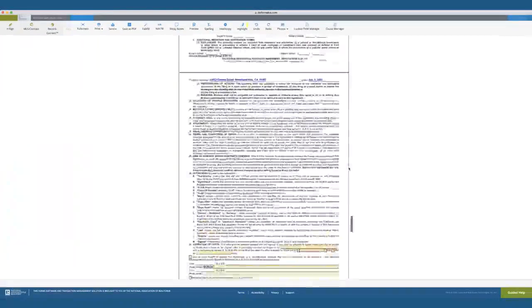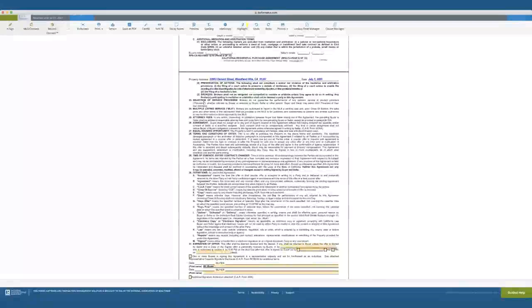Selection of services. Basically, as the agent or the broker, we are going to recommend a service like an escrow company or an inspector, but if you select them, it's of your own choosing, and we do not guarantee the performance of those people.